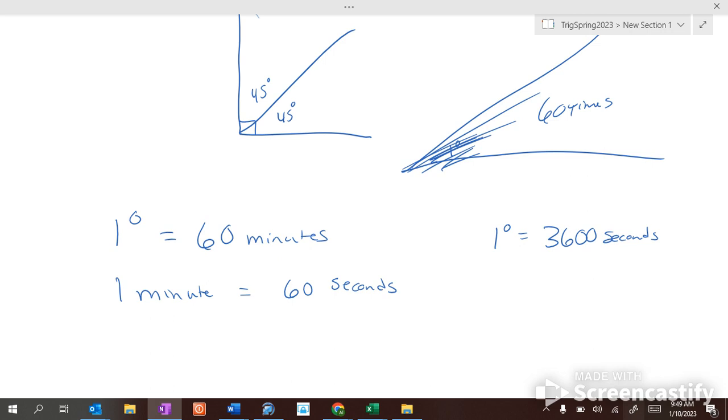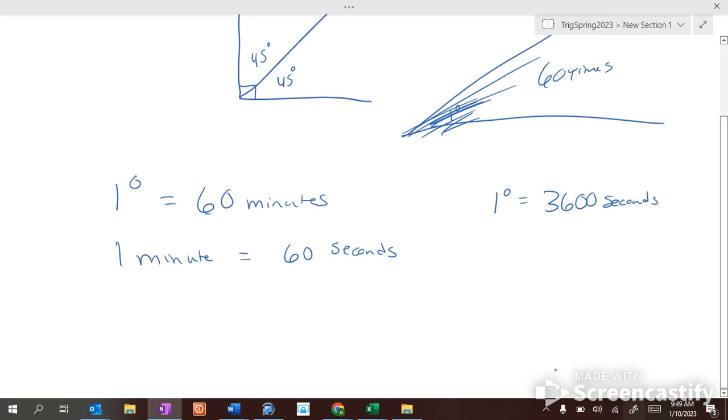Okay? And then, let's say we have a whole circle. How many degrees are there in a circle? 360 degrees. How many seconds are in a circle? Now, this is a calculator problem, because I wouldn't know this off the top of my head. How many seconds are there in a circle?